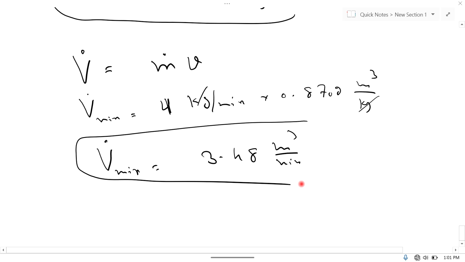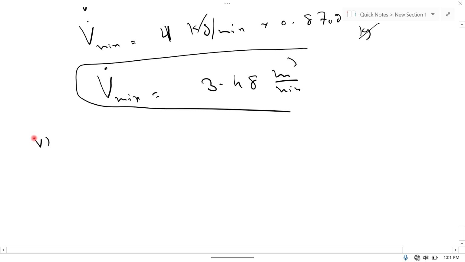Now we are finding part number 5. At part number 5, the value we require is basically the velocity of the mixture. And area is given to us as 0.1 square meter.